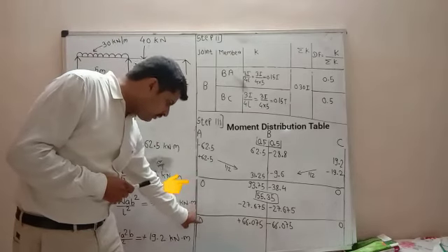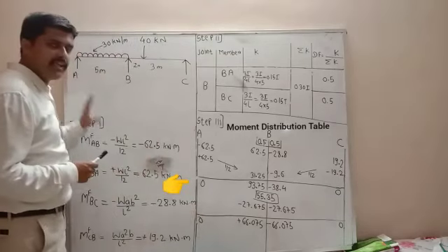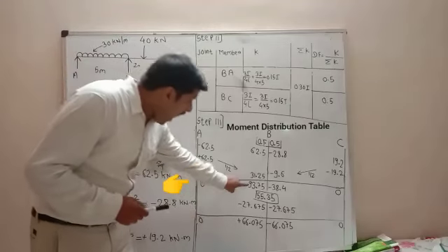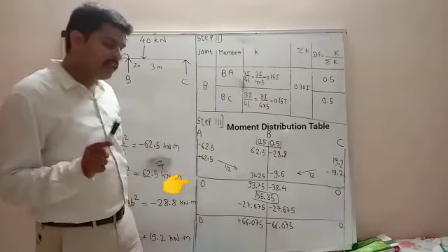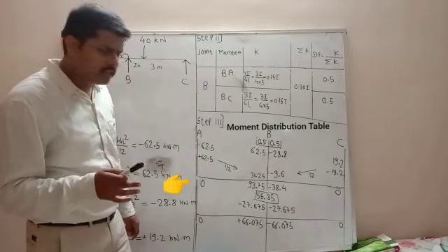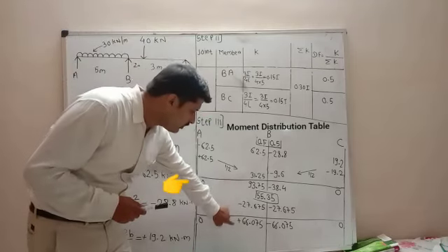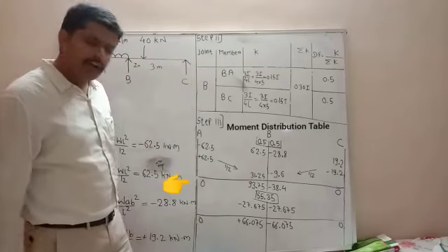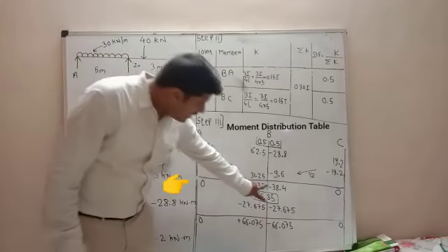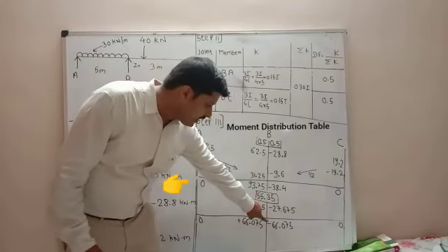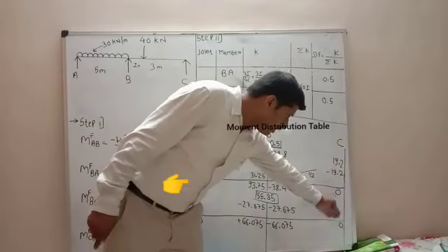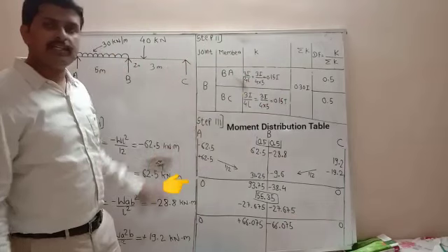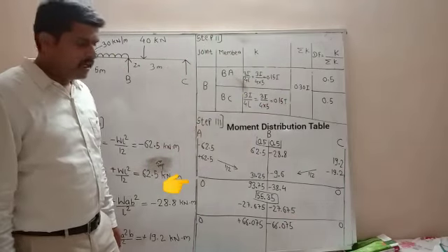Now, from this step, we have to add the moments. The moment will come 0 because support A is 0. Add 93.75 to minus 27.675. Addition of these two, we will get plus 66.075. Addition of these two, we will get minus 66.075. The 0 will come as it is because support C is a simple support.